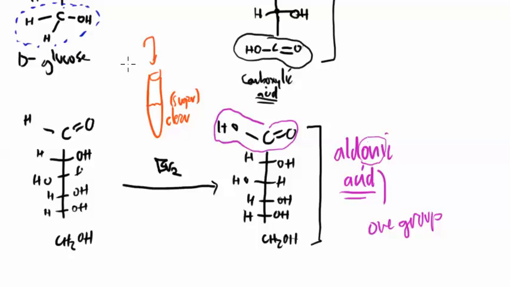If I add bromine to this solution, bromine is a liquid and it's orange, right? Once this orangey bromine hits the sugar, it will begin to oxidize the sugar. The bromine is used up.